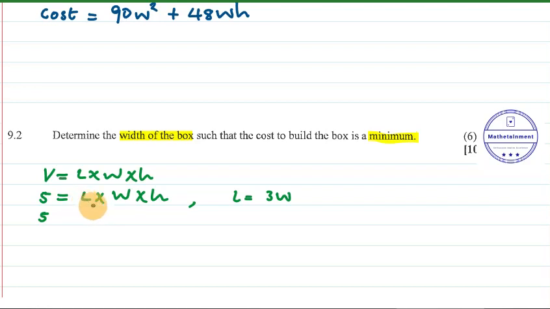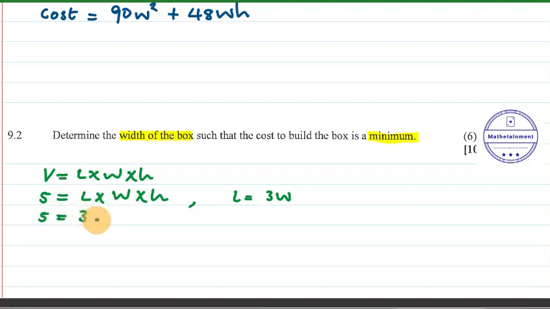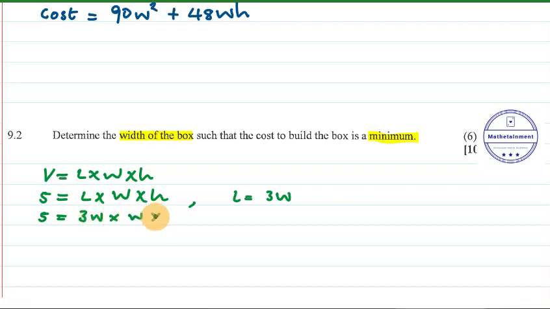So here you see the fact that your length is 3 times your width, meaning you can replace your length by 3W. So you have 3W times W times H. As a result, you have 5 is equal to, when you multiply 3W by W, you end up with 3W squared H. And you want to make H, which is the height, the subject of the formula.